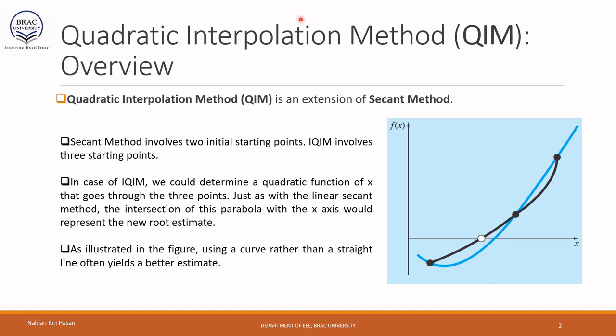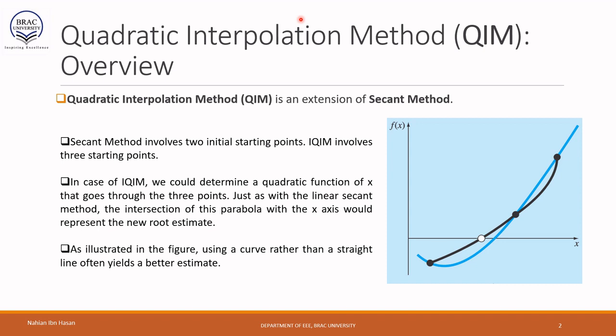Although in the modified secant method, we used just one starting point, but now we are just considering the original secant method just for comparison. So in the original secant method, we used two starting points, but in case of quadratic interpolation method, we are going to use three different starting points. So that's the difference between these two methods.